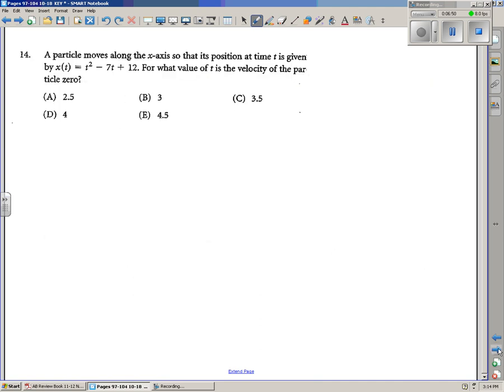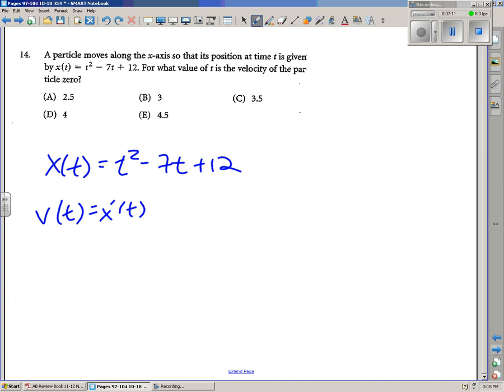Number 14, a particle moves along the x-axis so that its position at time t is given by that function. x of t is t squared minus 7t plus 12. For what value of t is the velocity of the particle equal to 0? Well, they gave us position. The velocity is the derivative of position, which would be 2t minus 7.